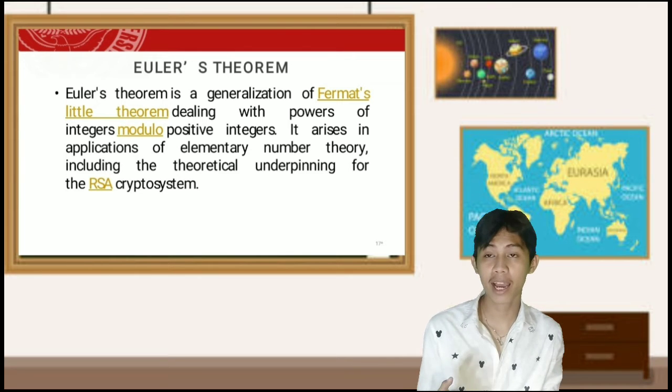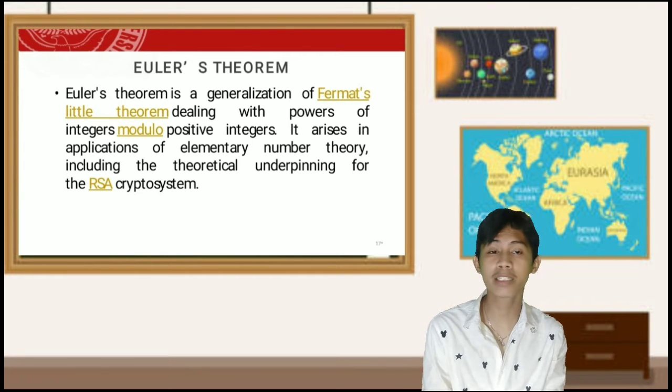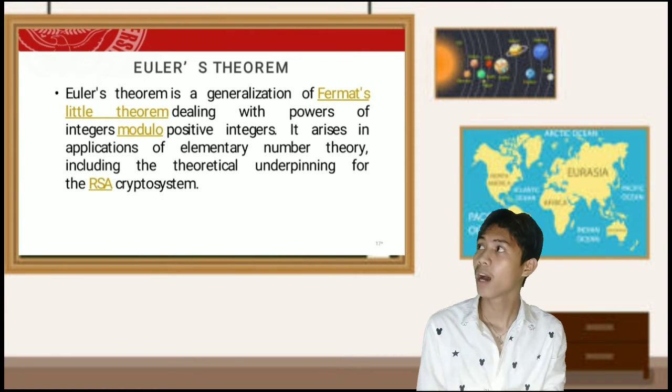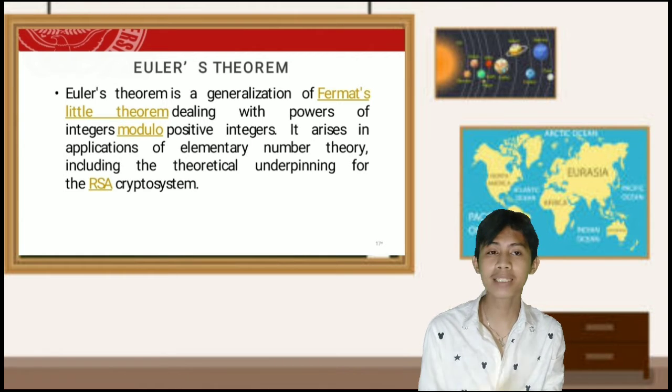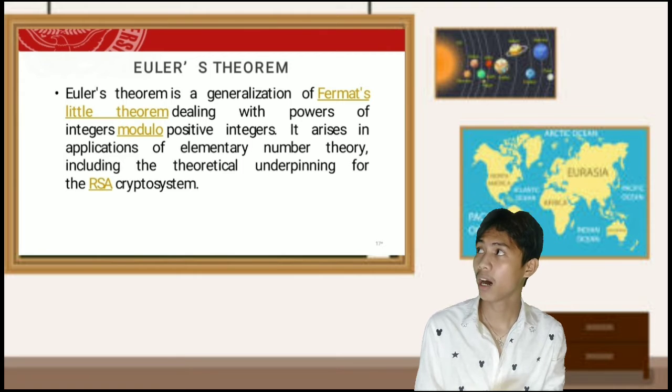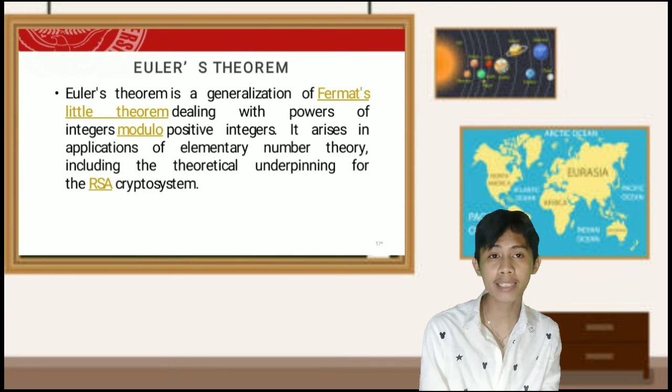Accordingly, Euler's theorem is a generalization of Fermat's little theorem, dealing with powers of integers modulo positive integers. It arises in applications of elementary number theory, including the theoretical underpinning for the RSA crypto system.